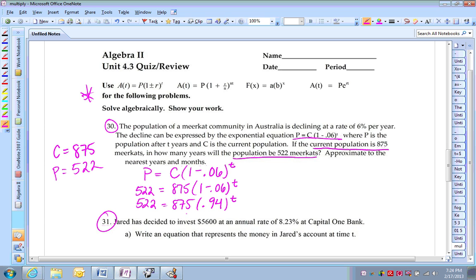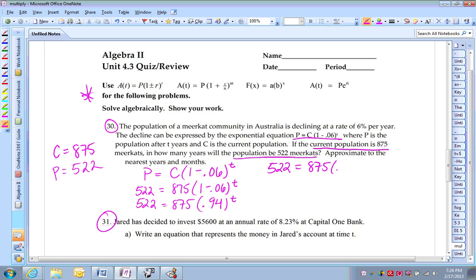Now, I want to caution you, some of you were multiplying these two numbers together, which is not allowed because there's this exponent right here. So you may not multiply 875 times 0.94 yet. That's not allowed. So what I have to do to get T by itself, we want to solve for the number of years, correct? So T is the number of years.